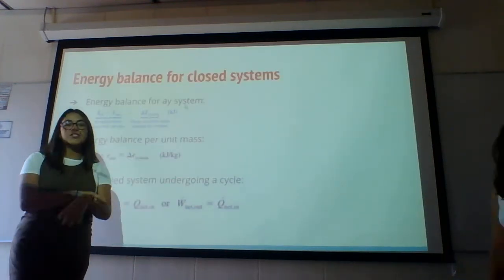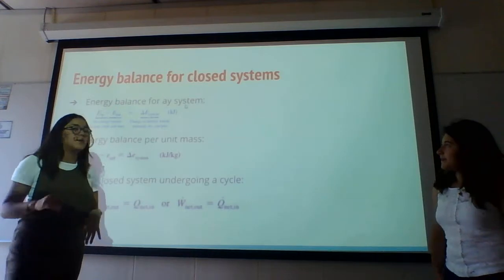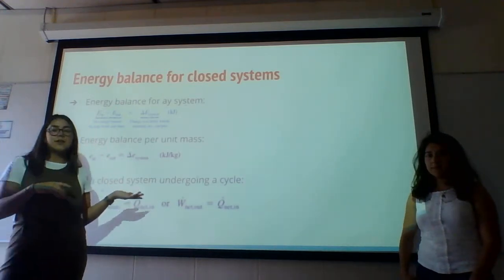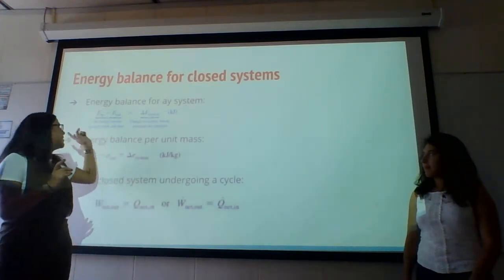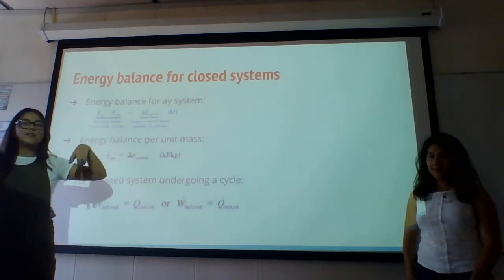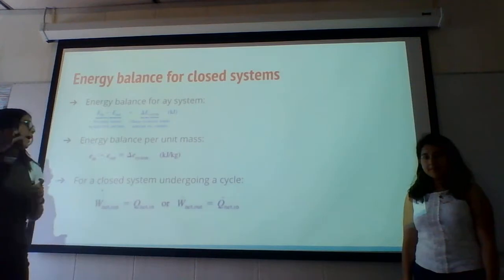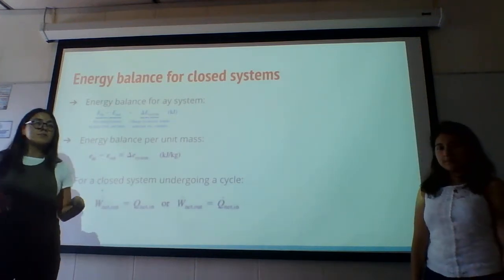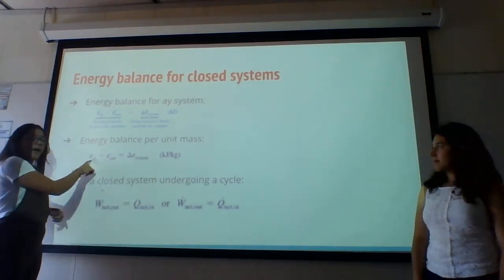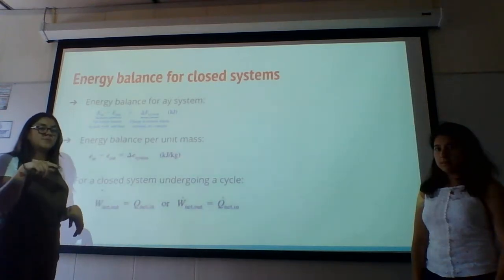So now the energy balance of a closed system, as we know, is the energy in minus the energy out, which is going to be the difference of energy within our system. If it's per unit mass, we're going to denote it with the little e, the small cap, not the capital letter.